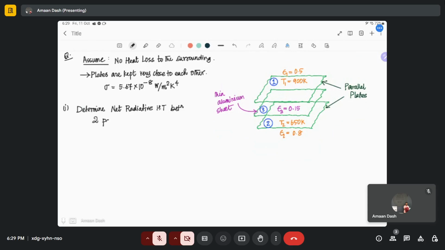So it can be assumed that there is no heat loss to the surrounding.